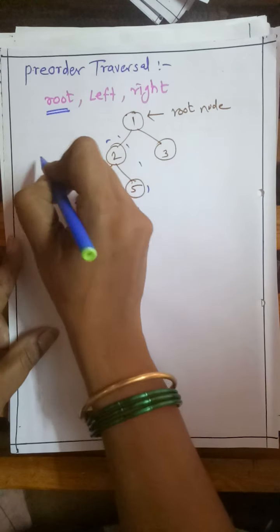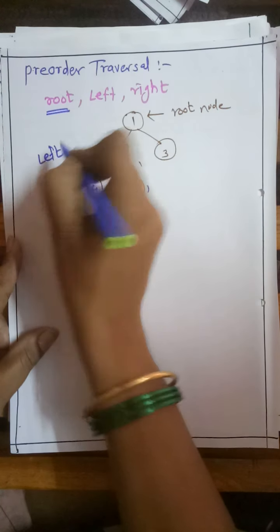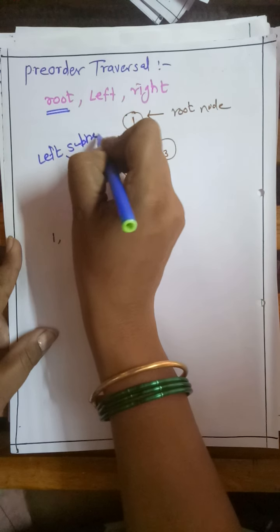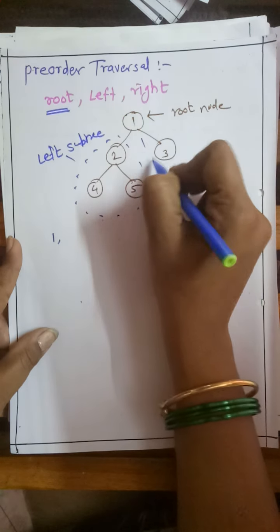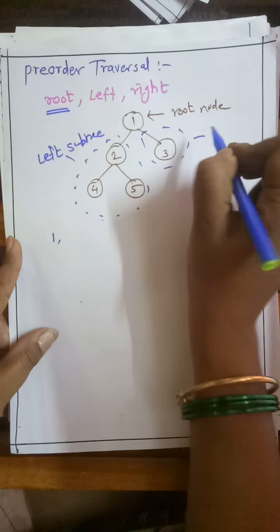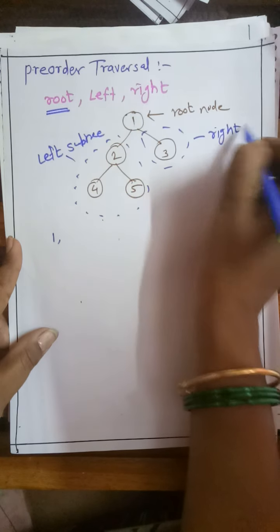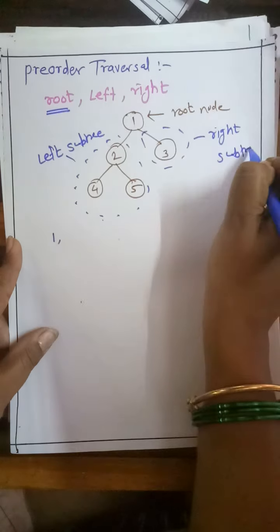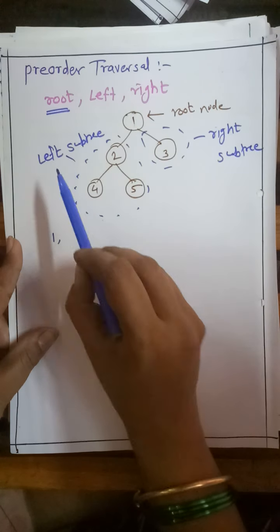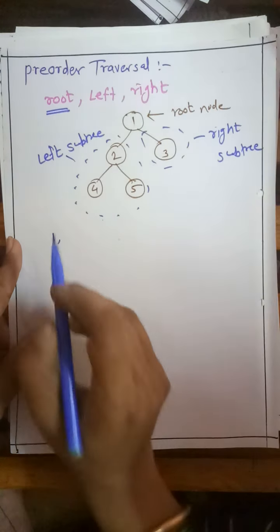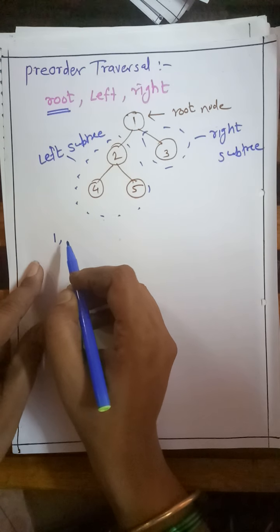Now left and right. Here 2 is the left. This is the left subtree, and this one is the right subtree. Now 1 will be processed first.